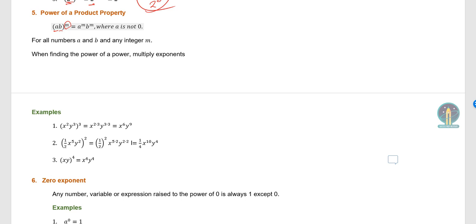What happens is this gets distributed to each of the items in the term. So you'll have a to the m power, and then times b to the m power, where again, a or b should not be equal to 0.